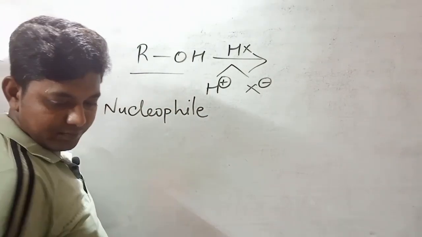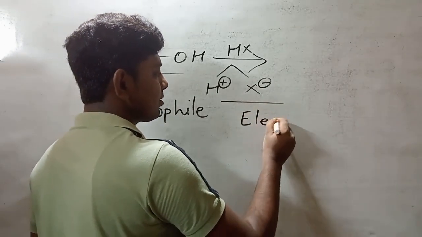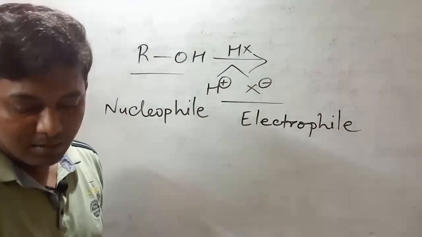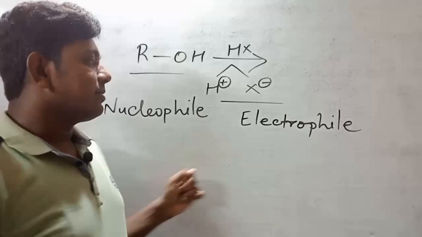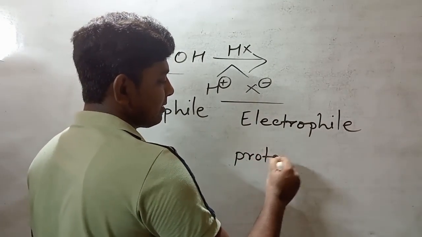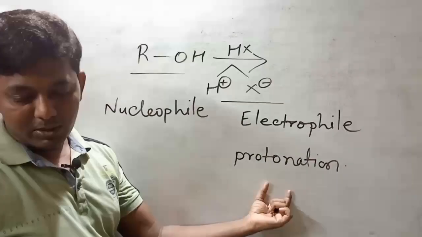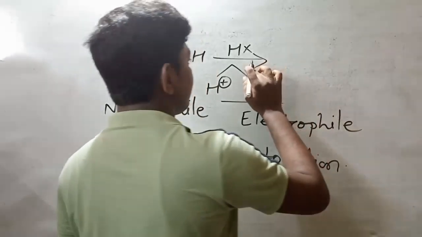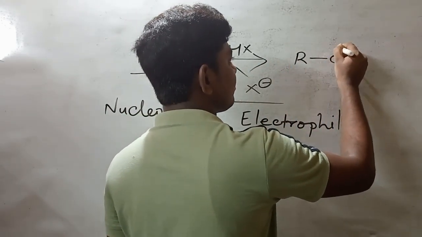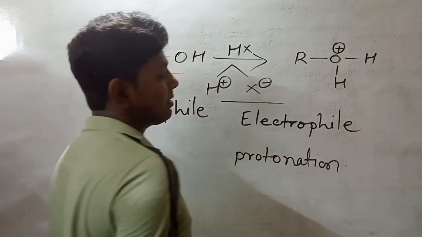Second, here HX is electrophile. But during the reactions, this is known as protonation. So in this protonation, they form R positive by addition of one extra hydrogen on the oxygen atom.